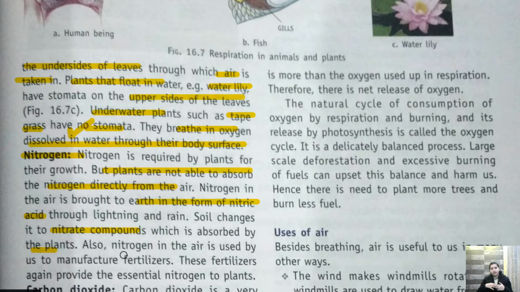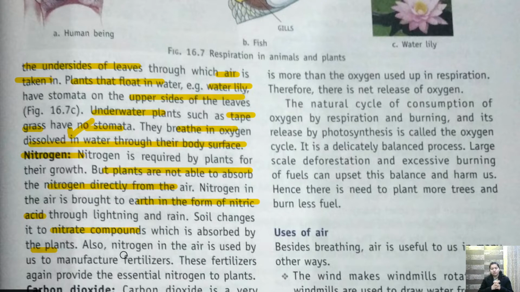In the same way, fertilizers are added to the plant to maintain its balance, कि किसी चीज की कमी ना हो, ना नाइट्रोजन की, ना फॉस्फोरस की, ना कैल्शियम की कमी ना हो प्लांट में. So fertilizers are given. The main component of fertilizer is also nitrogen.